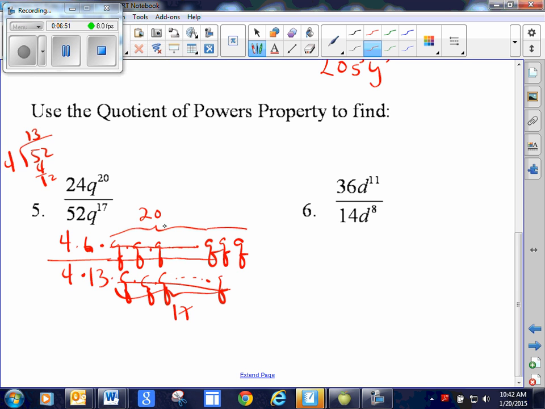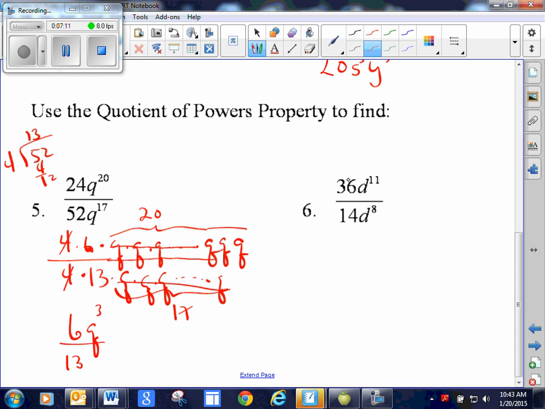We took the 20, we subtracted 17. These 3 q's are left in the numerator. So our answer would be 6q cubed all over 13. And we get that by saying 20 minus 17 is 3.